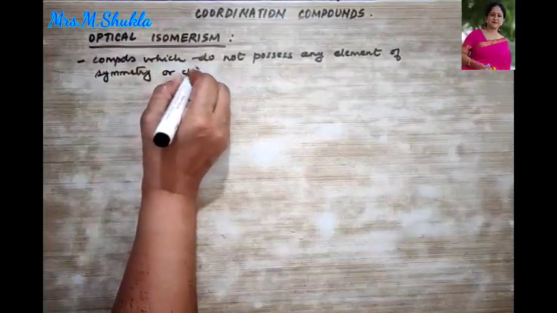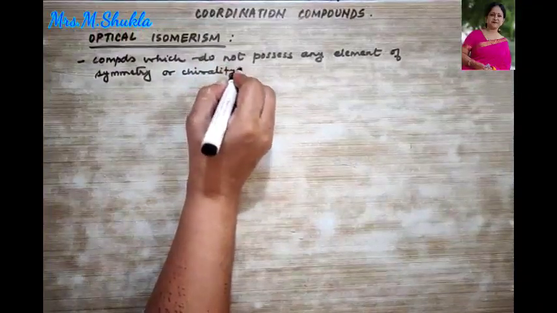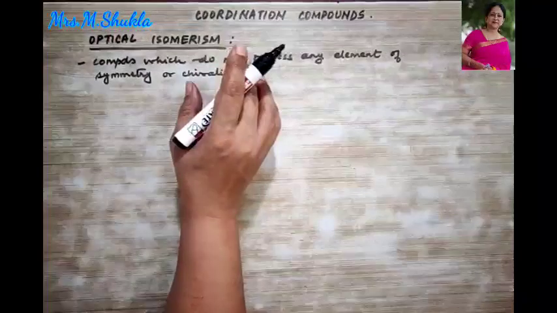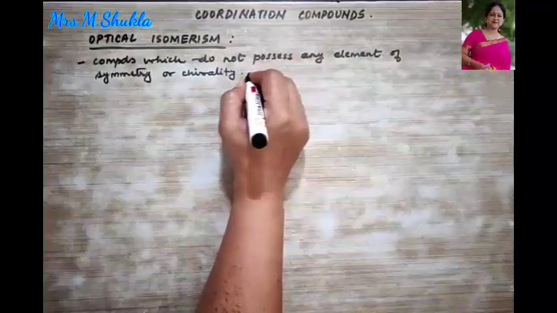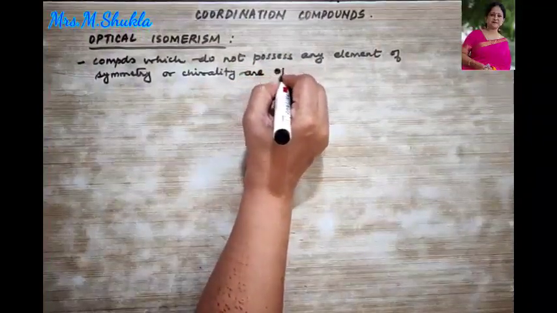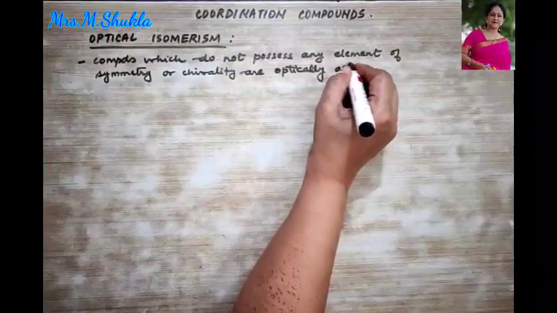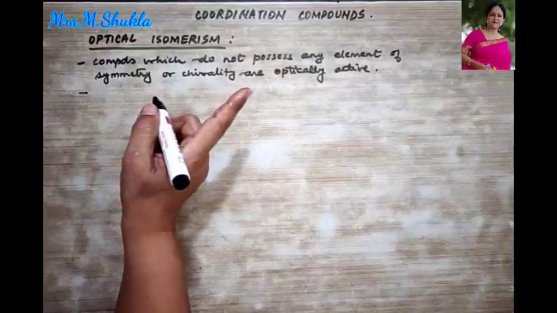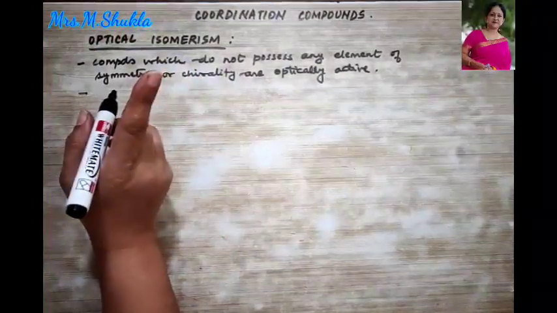I hope you know what is chirality. It is the property found in a molecule which cannot superimpose on its own mirror image. That is called chirality. They are optically active. Clear?